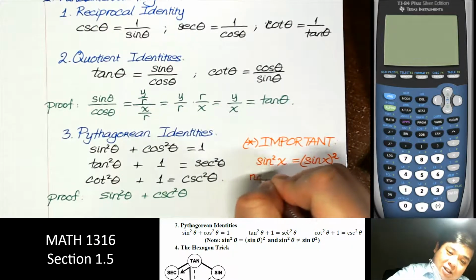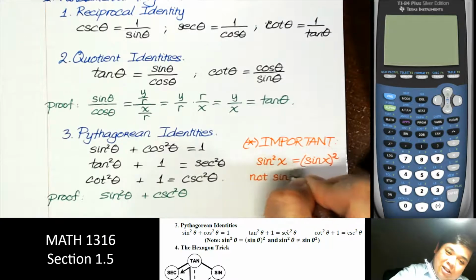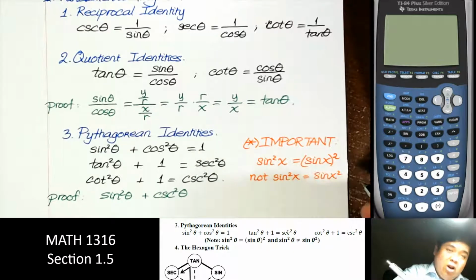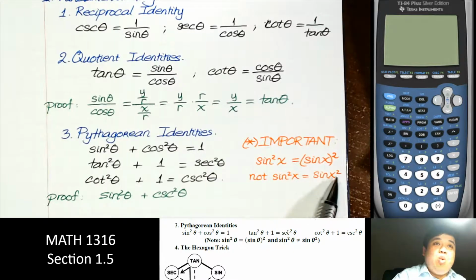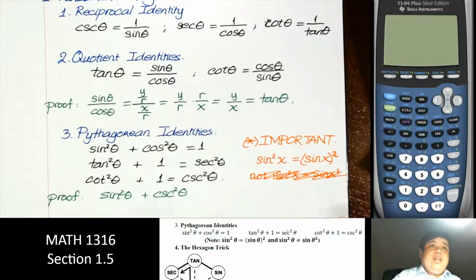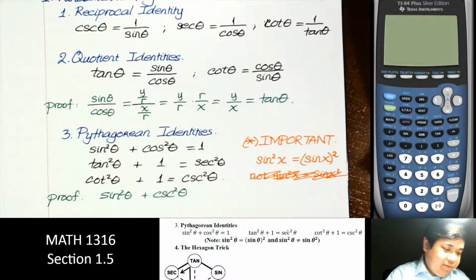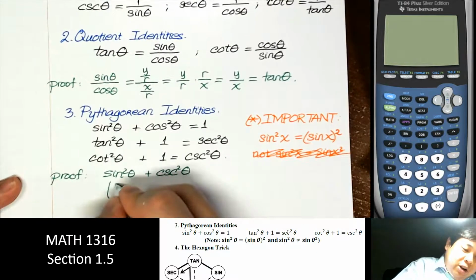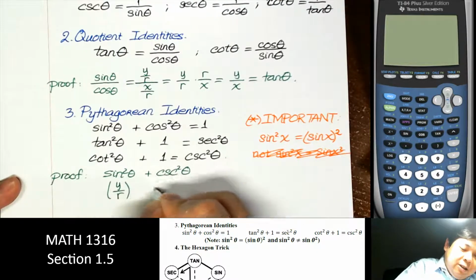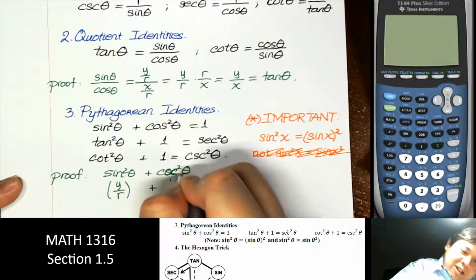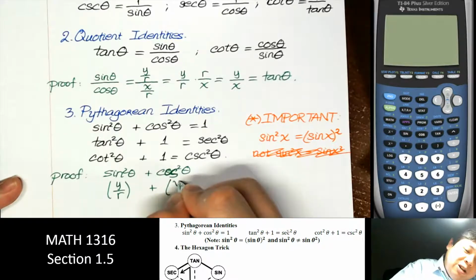And not this, which would mean we square the x and then we take the trig function. So that is the only thing we can think of. Right. Sine square. Sine is y over r, and cosine is x over r.